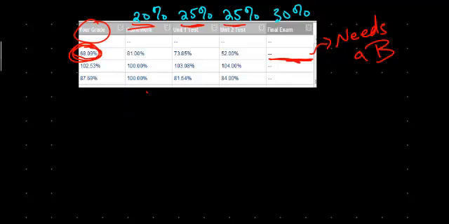So we got a student. Here's the scenario for the student.